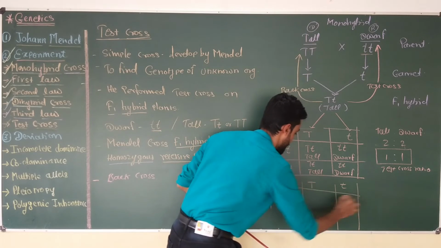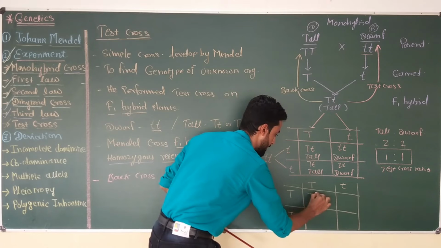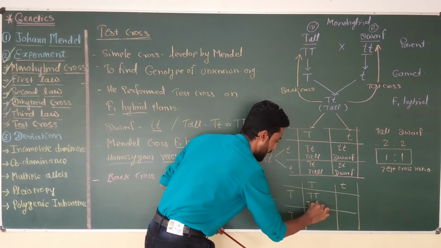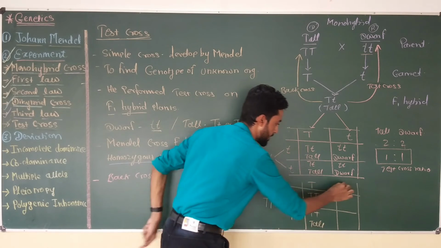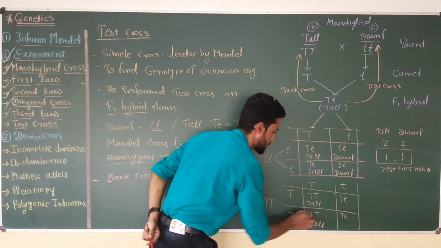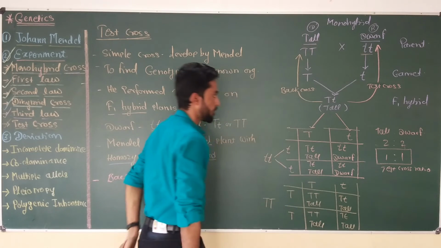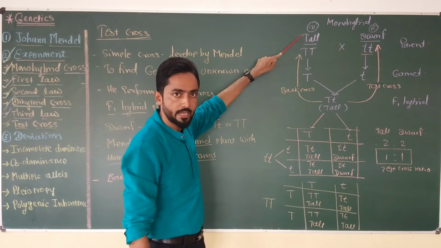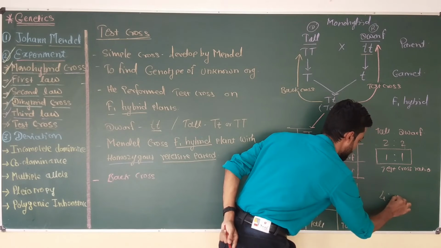Now if we make a Punnett square here, it is going to give capital T and capital T, both are tall. In this case it is capital T small t and capital T small t, they are also tall. So when we cross F1 hybrid with a dominant parent, the ratio is going to become 4:0.